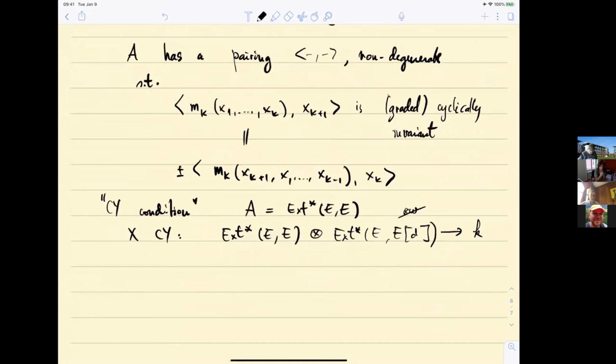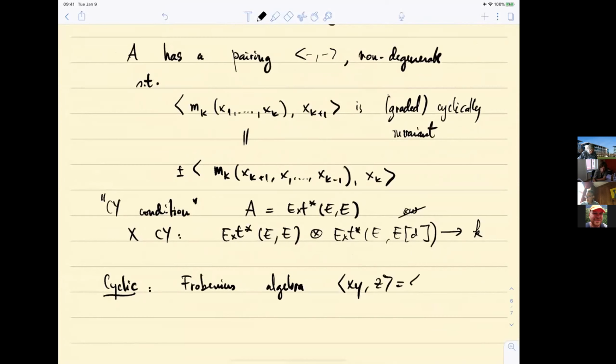Another way of thinking about this cyclicity condition: cyclic is a higher analog of saying that we have a Frobenius algebra, which is exactly saying that you have an algebra with a pairing such that xy paired with z equals zx paired with y.